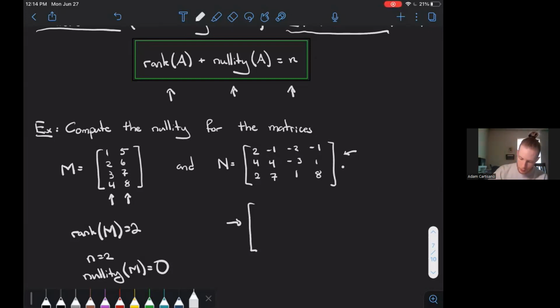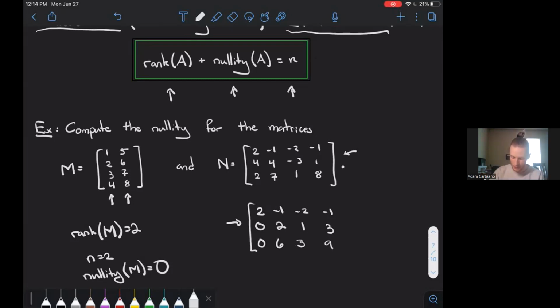You'll get 2, -1, -2, -1, 0, 2, 1, 3, and 0, sorry, we're subtracting 0, 1 from this, oh okay, so +3 and +9, right?